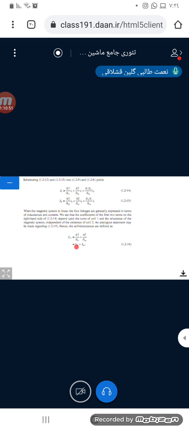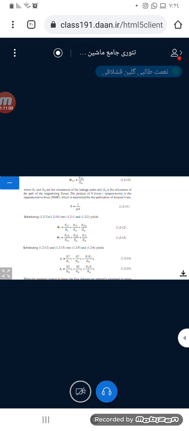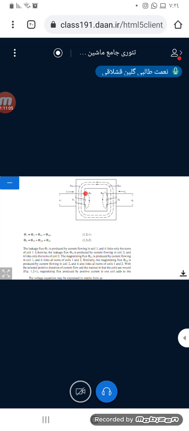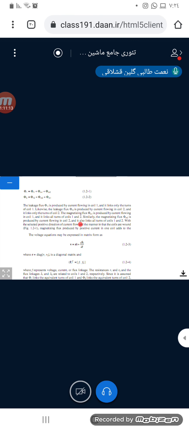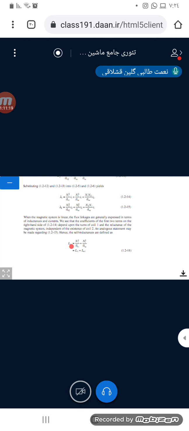Leakage inductance of circuit 1 is a constant that shows the leakage flux property of the circuit in the electrical model.